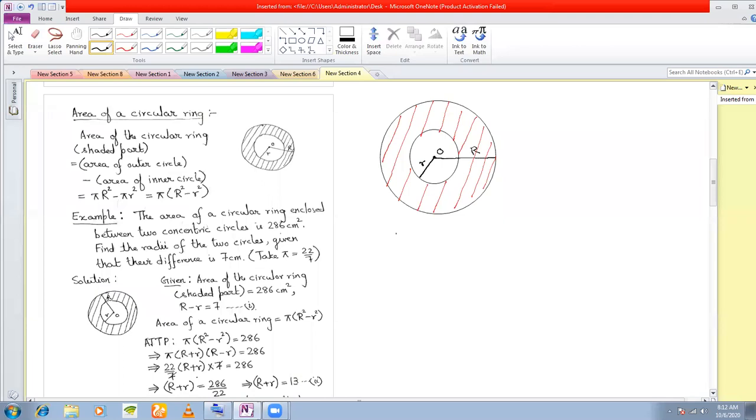It is the area of the outer circle minus the area of the inner circle. So area of the circular ring, shaded part, is equal to area of the outer circle minus area of the inner circle.